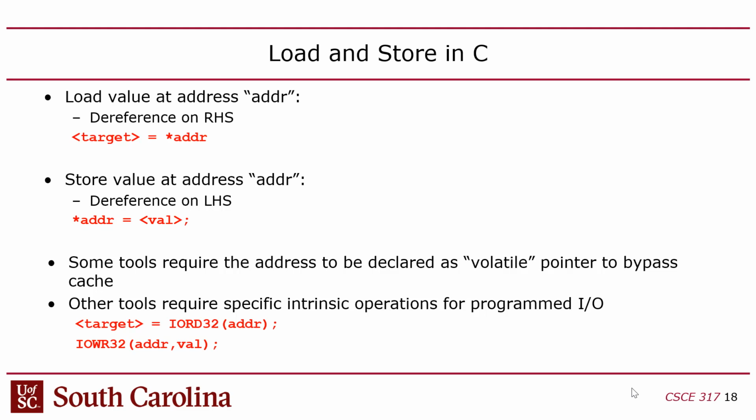Now you might say, who cares which one you use? What's the difference? The difference is whether or not you want to be careful that these operations don't get intercepted by the cache. You don't want programmed I/O to be subject to cache, right? So often, there's a special variant that bypasses cache. Now you might say, well, wait a second, then you lied.